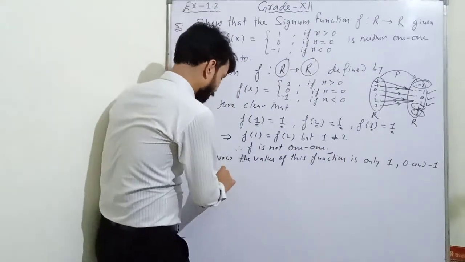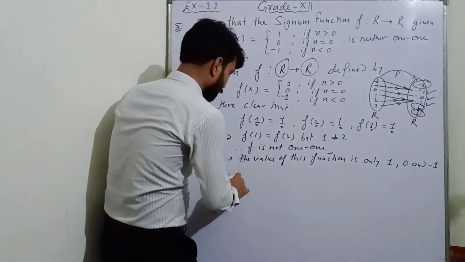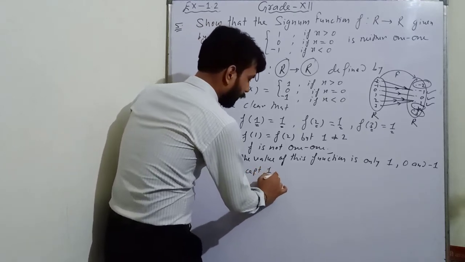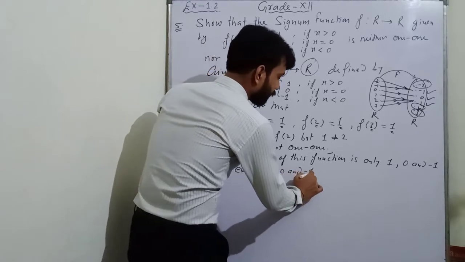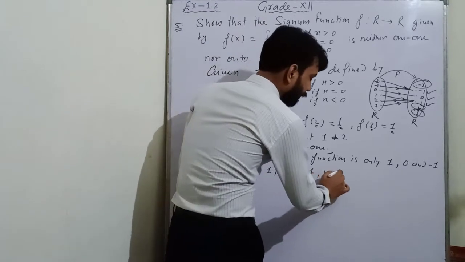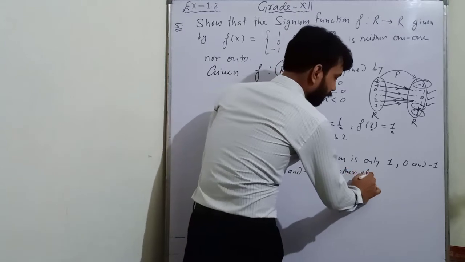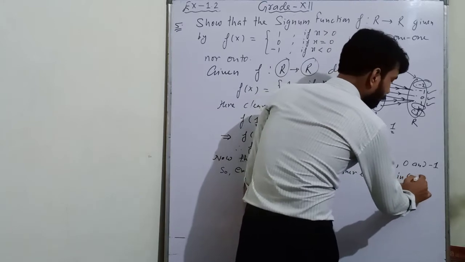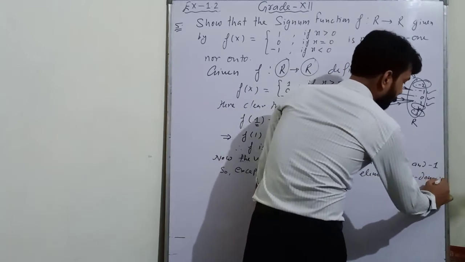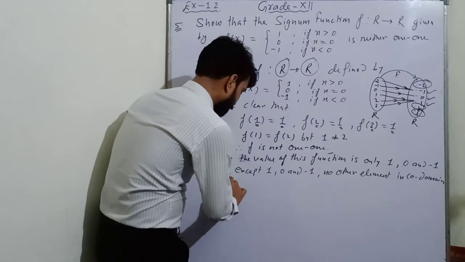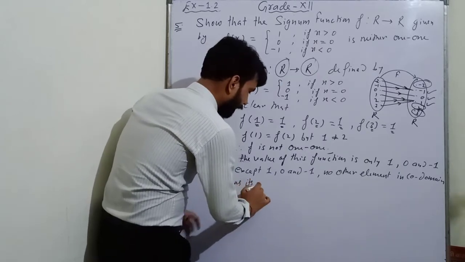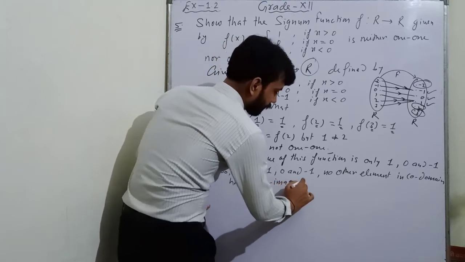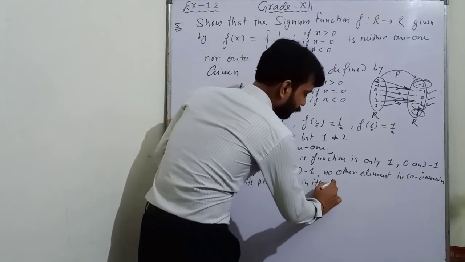So except 1, 0 and -1, no other element in codomain has its pre-image in its domain.